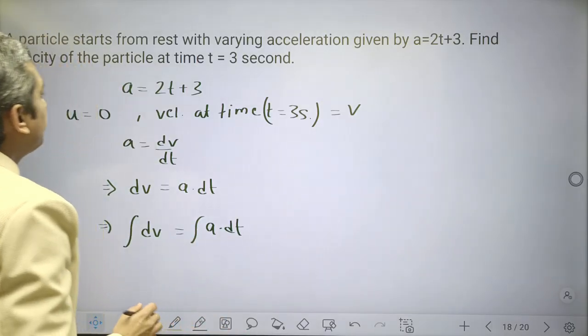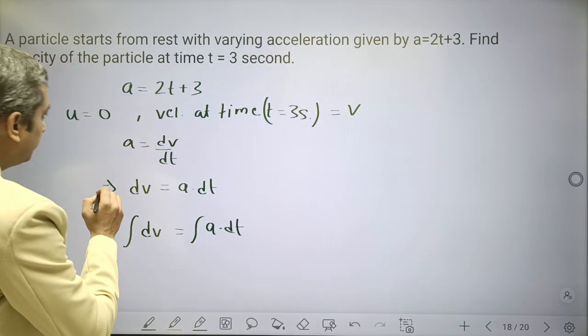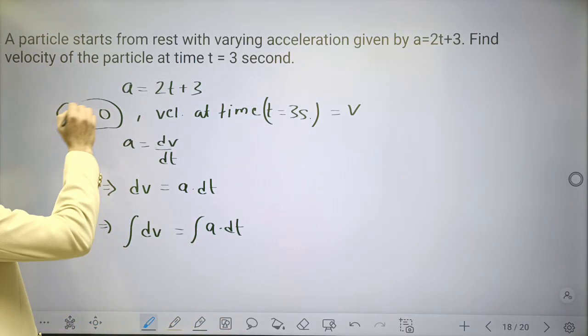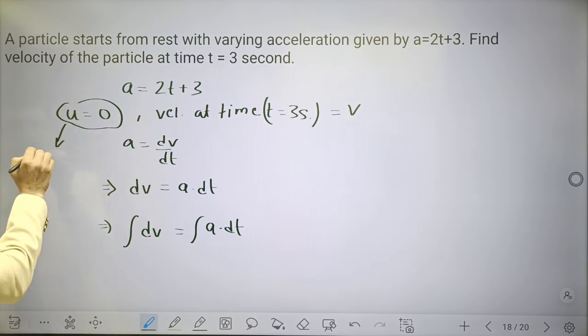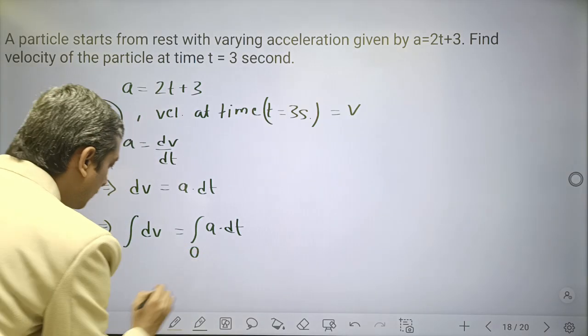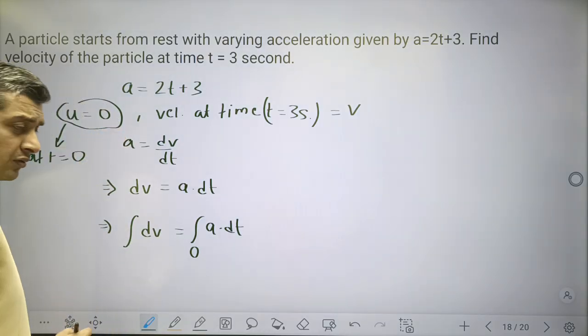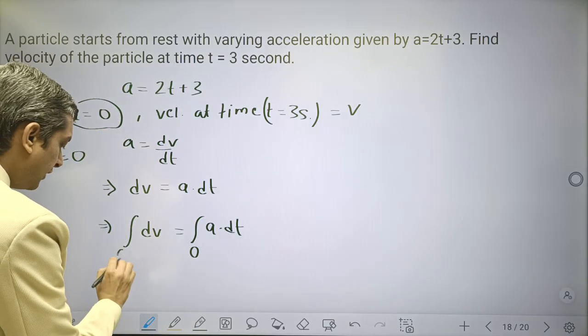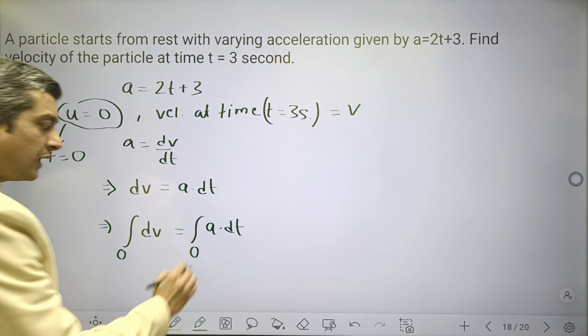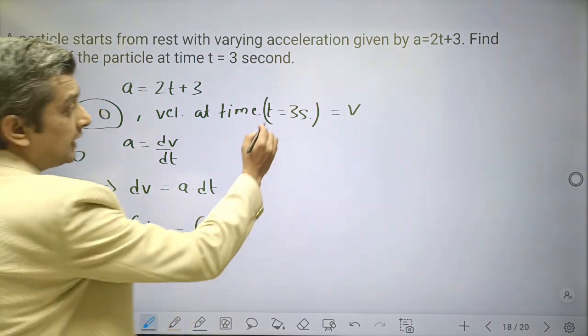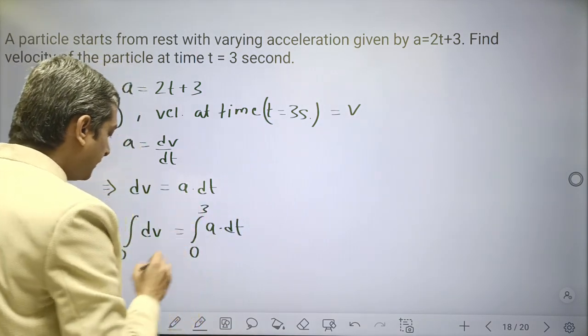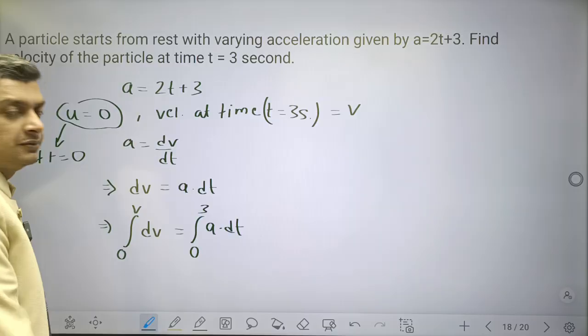For example, the particle starts from rest, that is initial velocity is 0, and this happens at time t is equal to 0. So when time t is equal to 0, the velocity of the particle is u, and that is also 0. At time t equal to 3 seconds, the velocity becomes v.